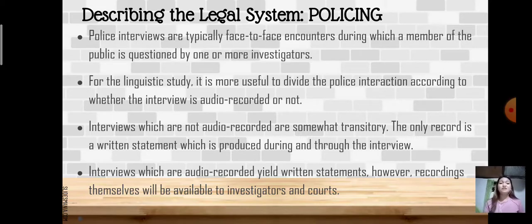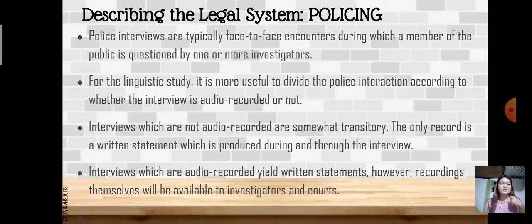While in interviews which are audio recorded, they base their decisions on the written statement and also listen to the audio recording.